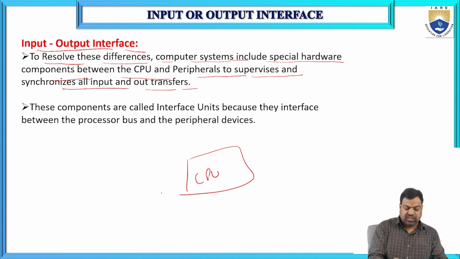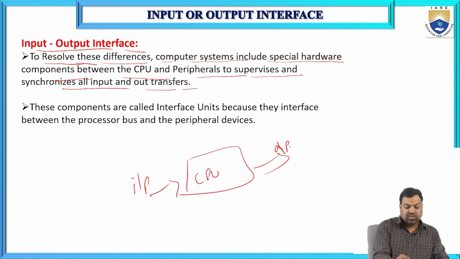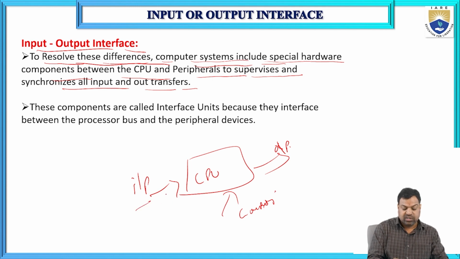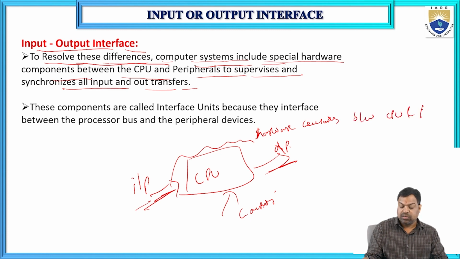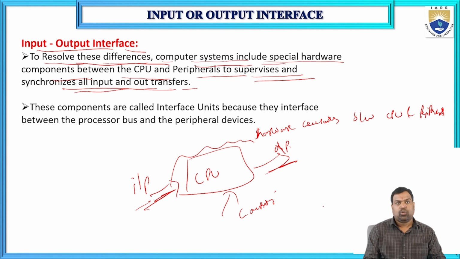So the computer system includes special hardware components between the CPU and peripherals to supervise and synchronize all the input and output transfers.